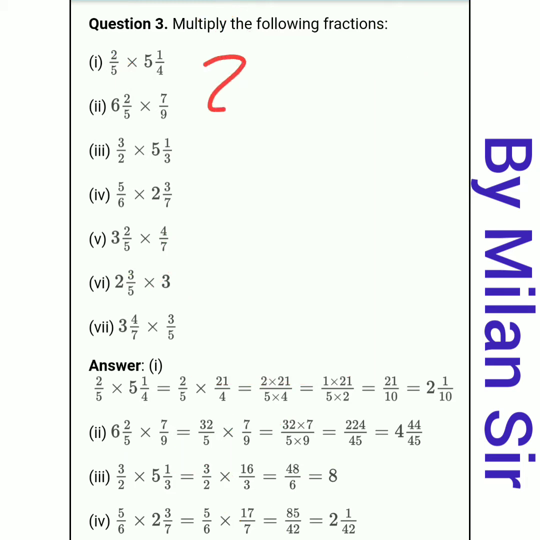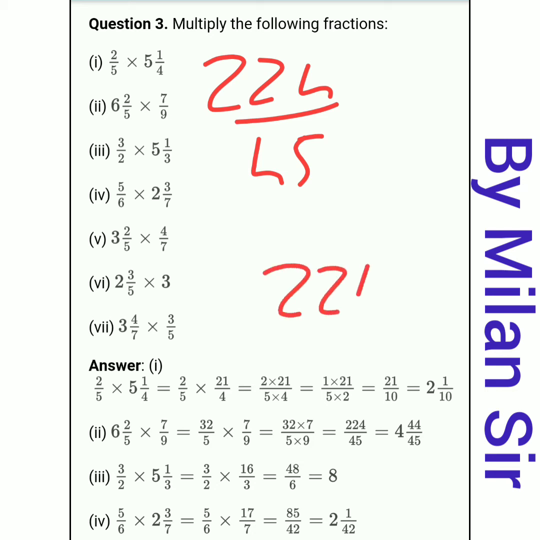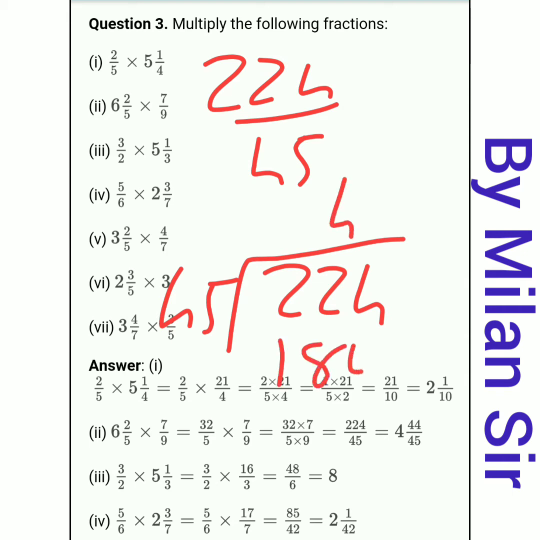It is an improper fraction, right? So we can convert it into the mixed fraction. So 224 divided by 45. 45 into 4 is 180, right?